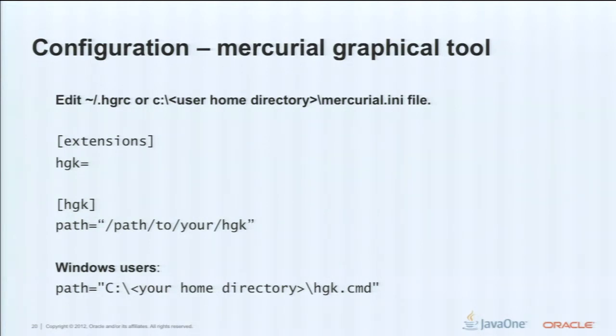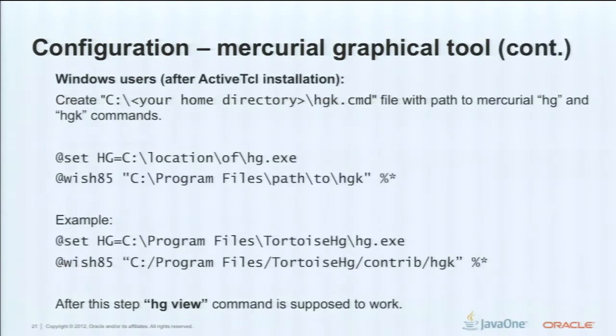But for Windows users, it's a little bit more complicated. You need to create a special file, hgk.cmd, and put it into your home directory. Then you specify just two lines in it: the path to your Mercurial and the path to your hgk for ActiveTCL. But make sure that ActiveTCL is already installed on your Windows system.